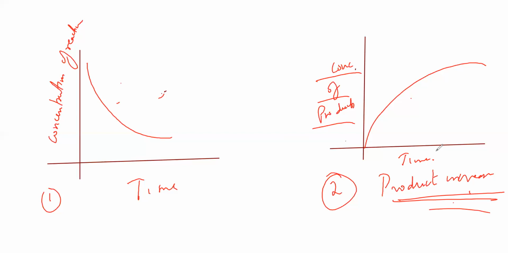Why doesn't the concentration become 0 in the first graph? See, I'll tell you the thing. The main thing is that we are going to find the slope of this particular graph.